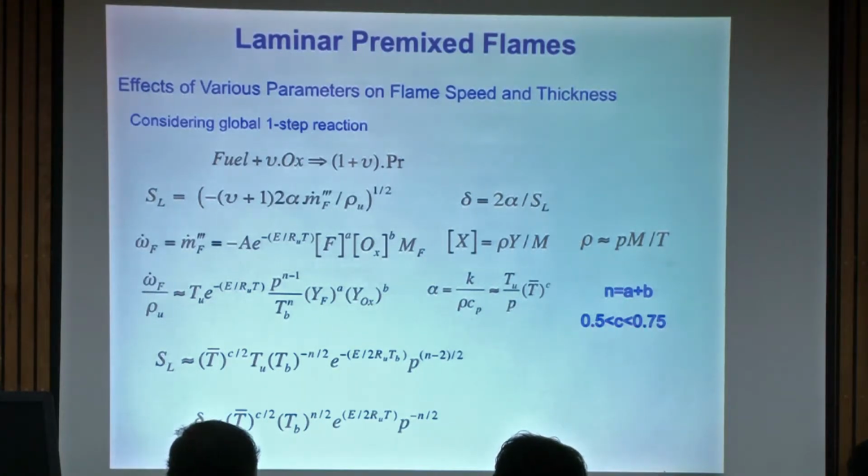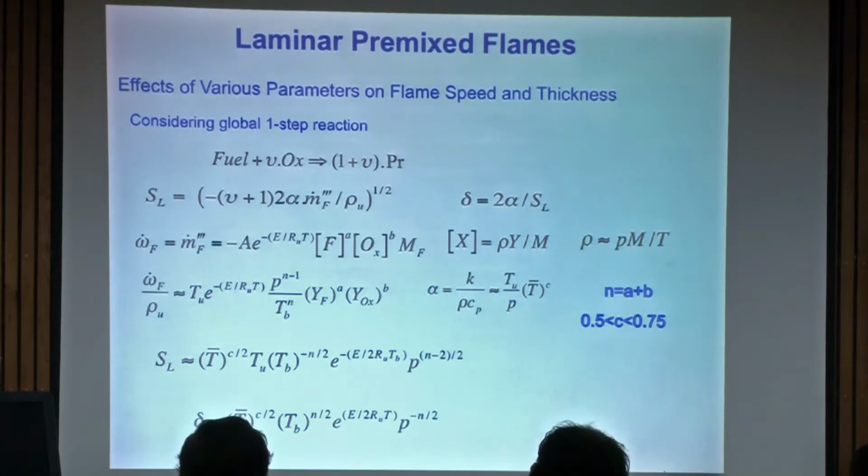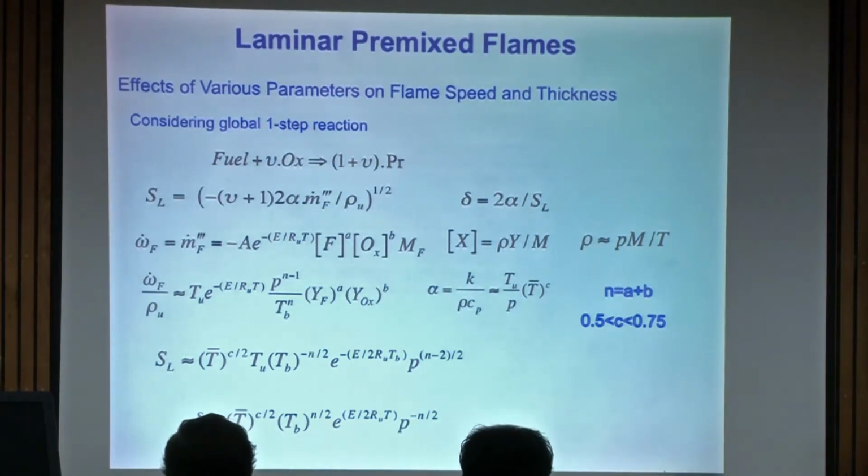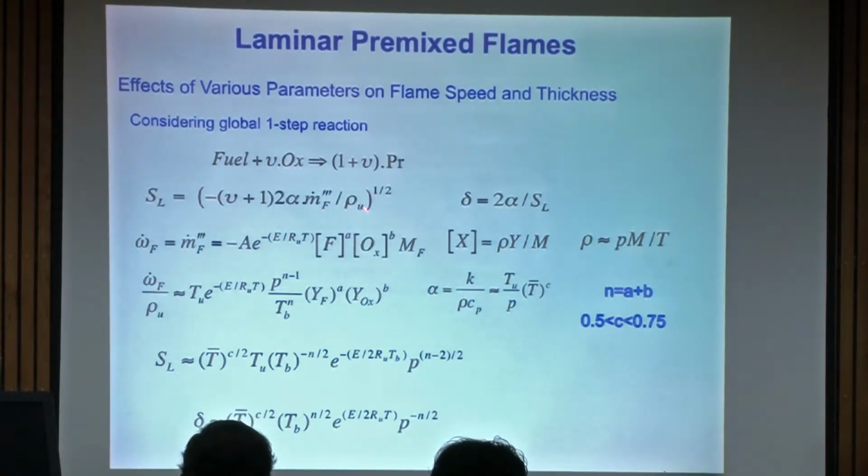So alpha varies as temperature to the power 3/2, 1.5. Then they split it into two different temperatures: TU, and the average temperature, which is TU plus TB divided by 2. So you substitute for alpha and this quantity WF dot divided by rho u into this equation, and then you get this.